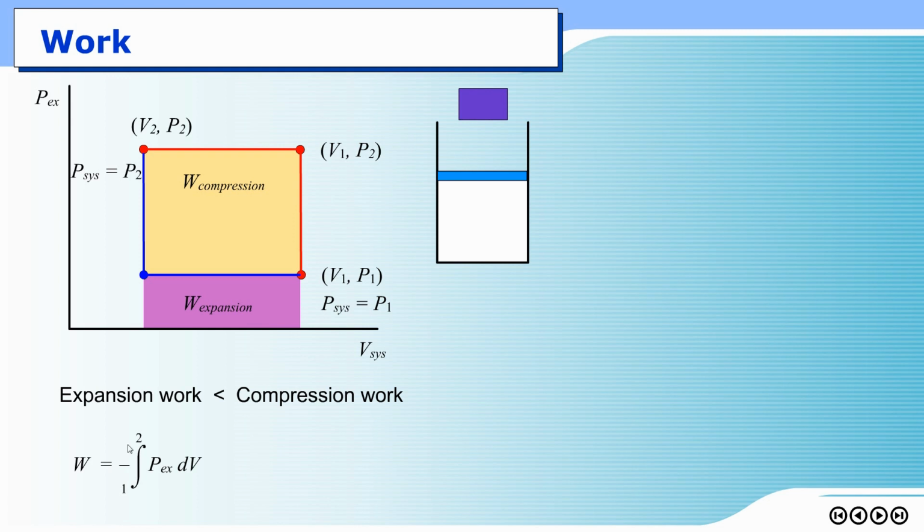So as I stated, the expansion work in this case would be smaller than compression work. And it seems to be like this always. What we want is expansion work, and what we have to give is compression work. What we want is always less than what we can give. Alright?